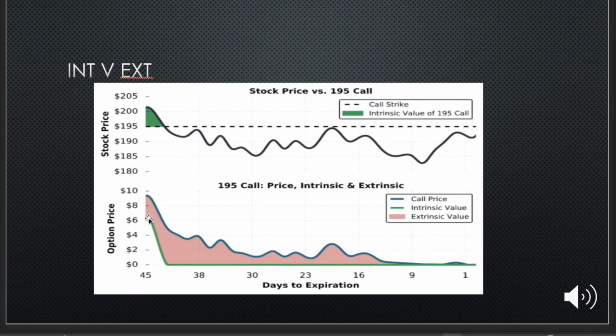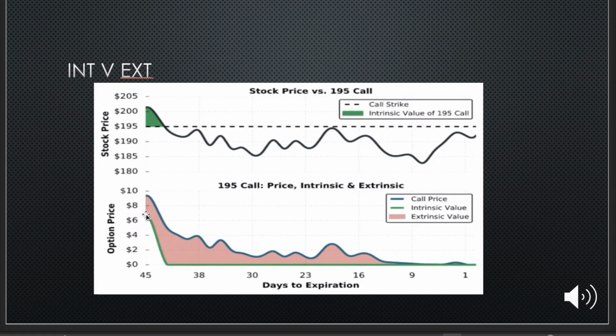At the beginning, the intrinsic value, which is this green line here, is whatever the difference between the current market price of 201 versus the strike price of 195. Therefore, you have $6 of intrinsic value. That's the green line. Remember, intrinsic is the difference between whatever the strike price and the current market price is.